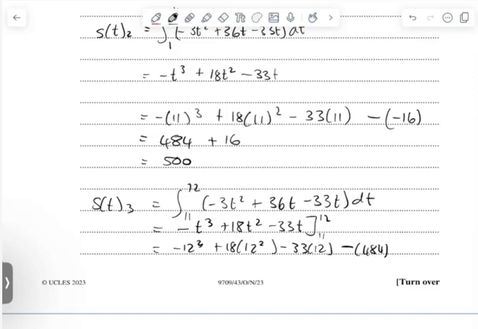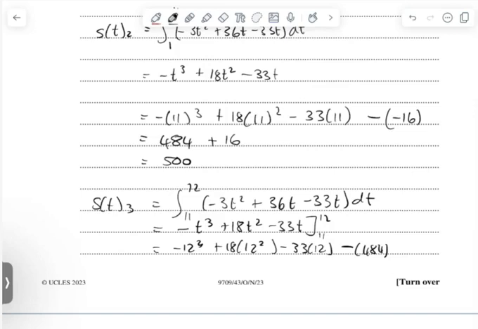And something does not look 100% right. Okay, sorry, I got an answer of minus 468 minus 484.